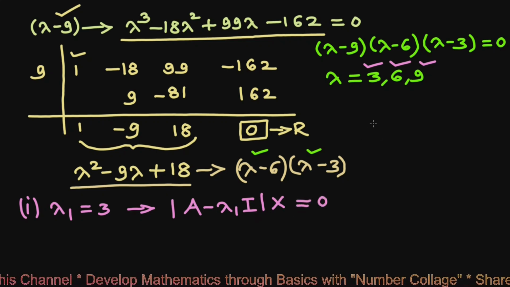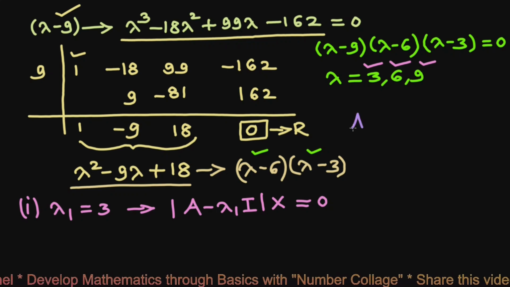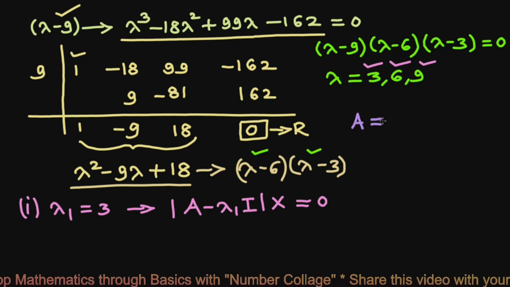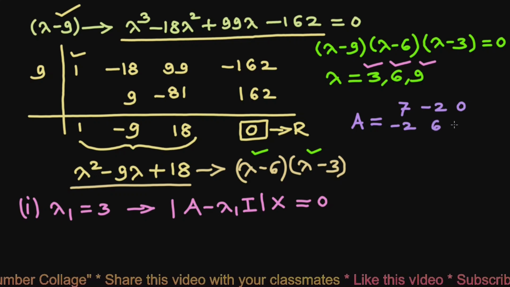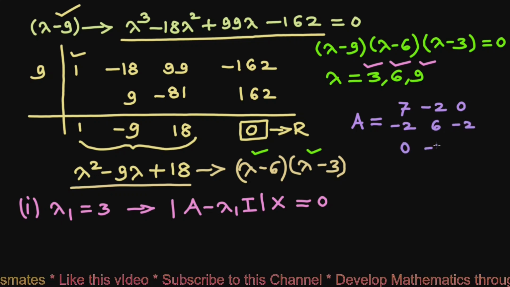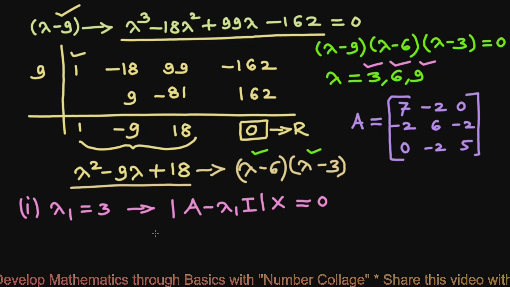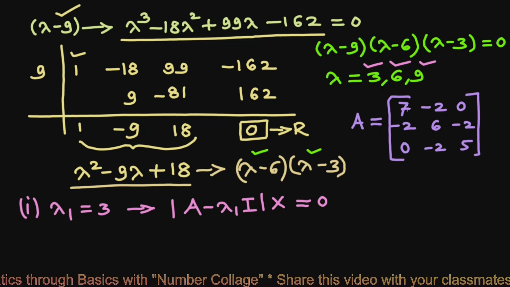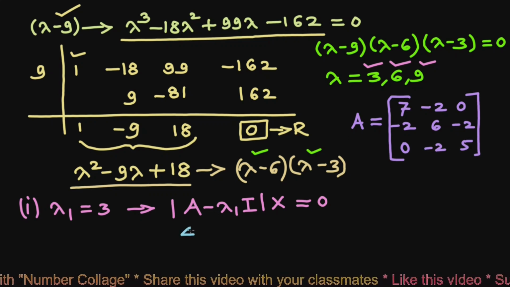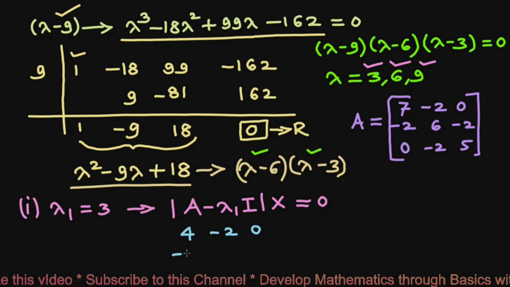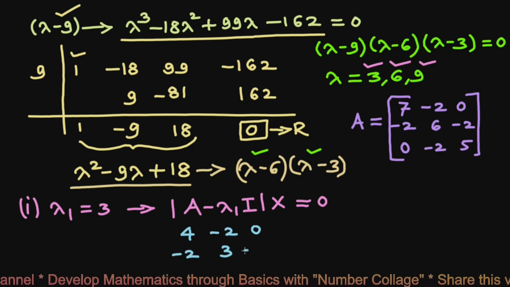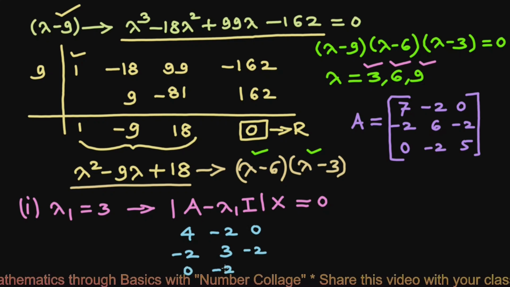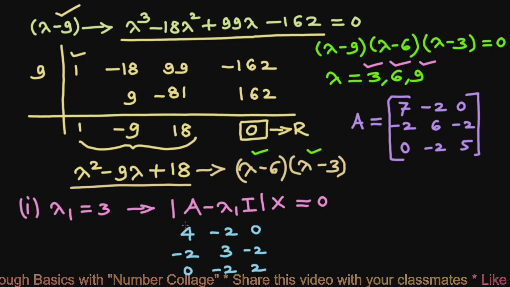For reference, let us rewrite matrix A here once again, which is 7, minus 2, 0; minus 2, 6, minus 2; 0, minus 2, 5. So this characteristic equation will then be 7 minus 3, that is 4, minus 2, 0; minus 2, then 6 minus 3, that is 3, minus 2; then 0, minus 2 and 5 minus 3, that is 2.